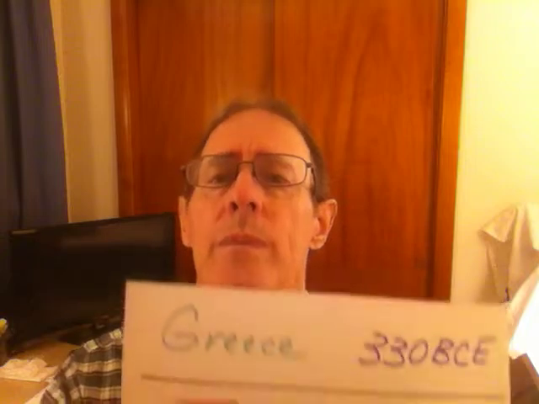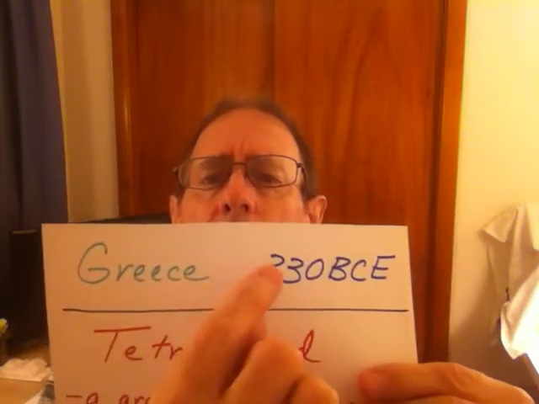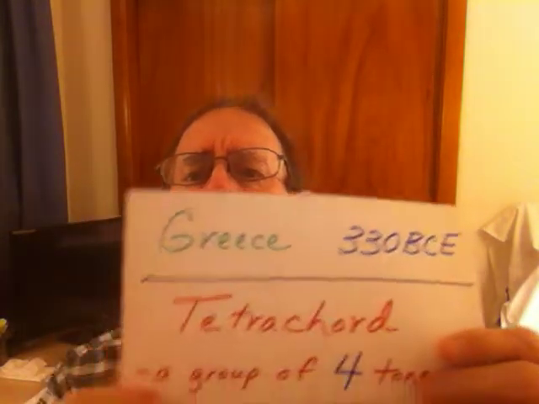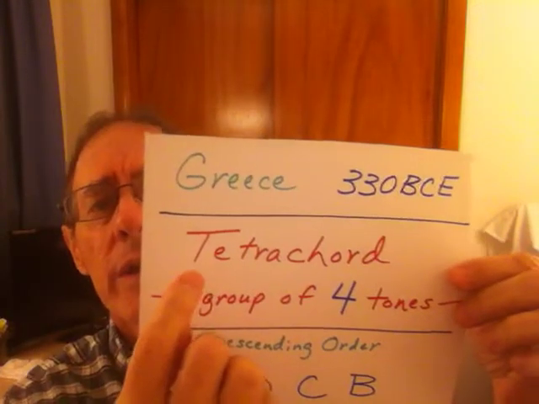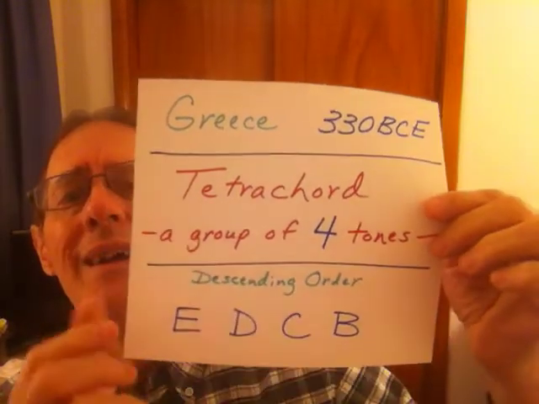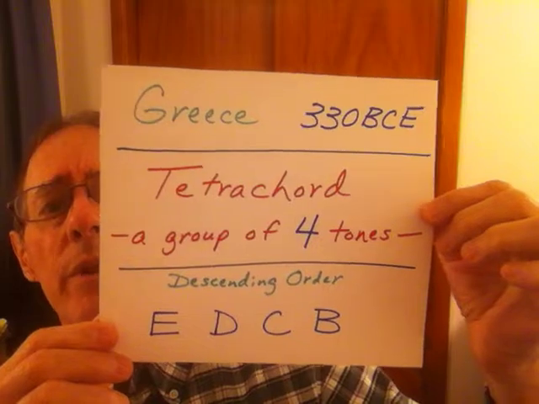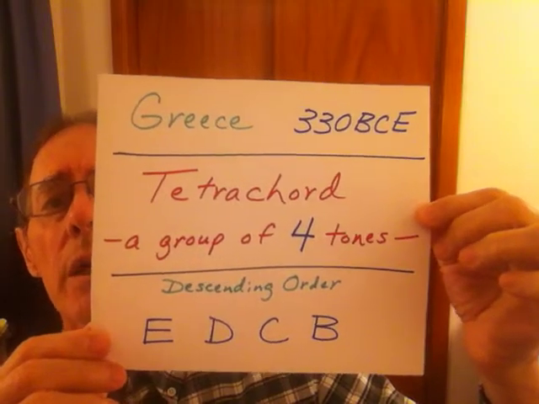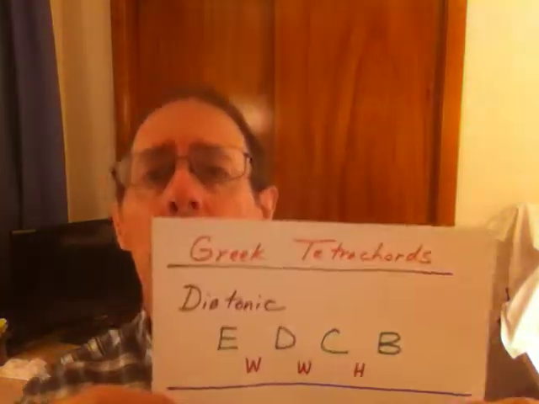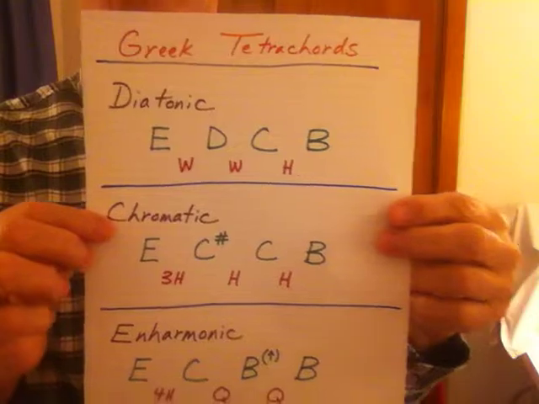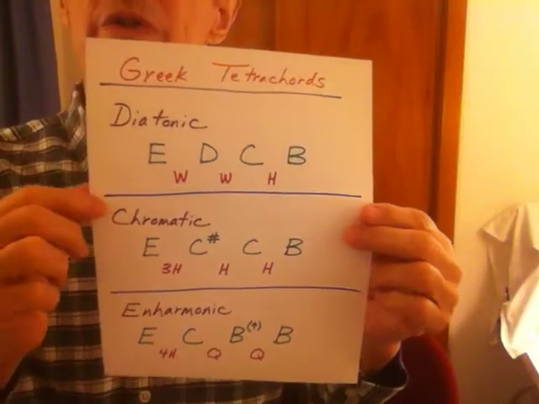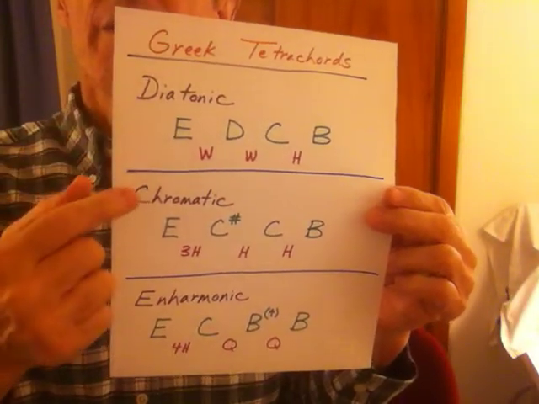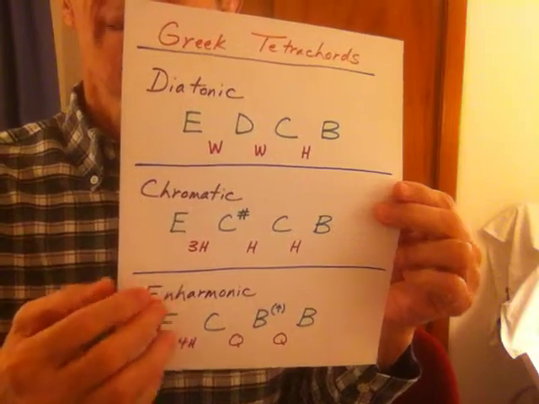For my system, I went back to Greece to 330 BCE, right? And I looked at the Greek structure called a tetrachord. I talked about this in my previous videos in this series, okay? You can review that if you want to. I discovered that the Greeks way back then had 3 basic tetrachords: the diatonic, chromatic, and enharmonic.